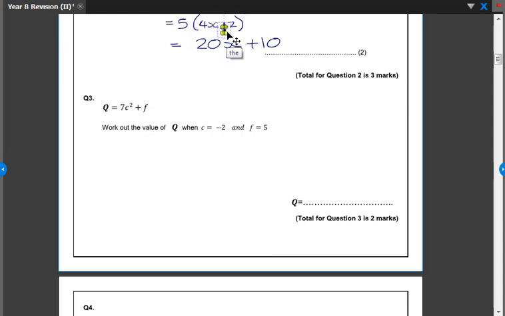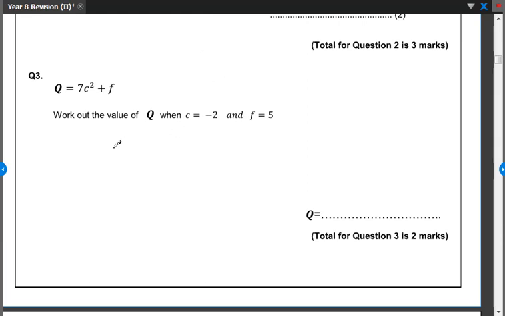Right, next one. So 7c squared plus f. So we have to replace c with -2 and f with 5. So we just do this. So we go q equals 7, put a bracket around the -2 squared plus 5.